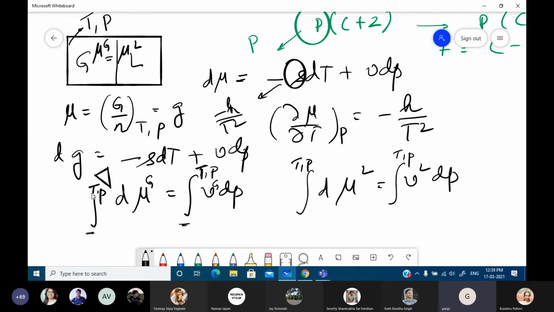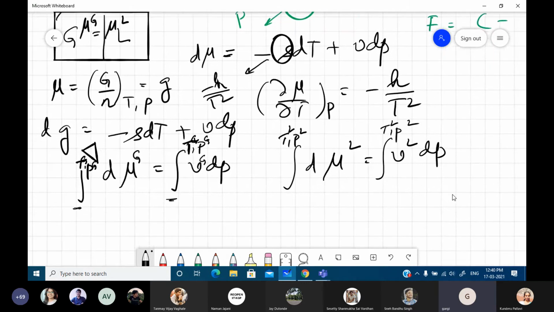If it is not in equilibrium, then this is going to be Tg, Pg, sorry, this is Tg, Pg, this is Tl, Pl. Right? And then we have to evaluate, and if we find that mu G and mu L are not equal, then we have to decide what is going to be the mass transfer.